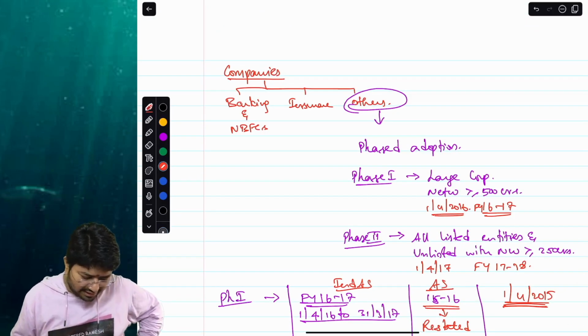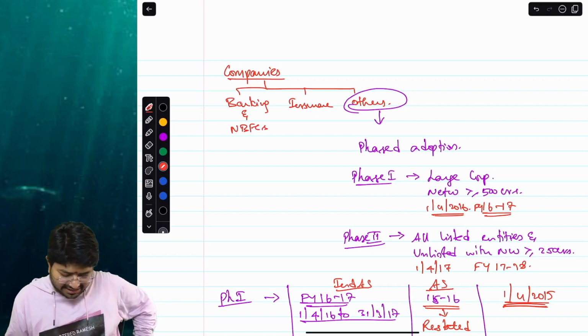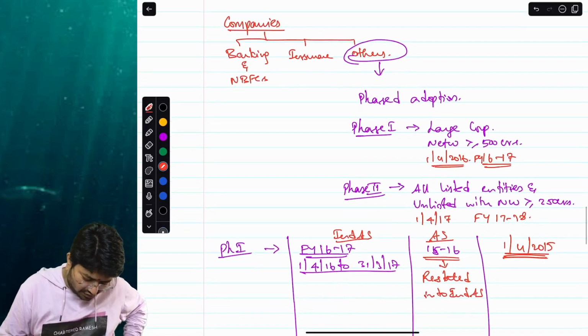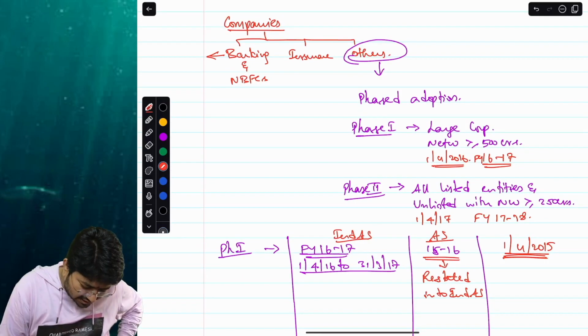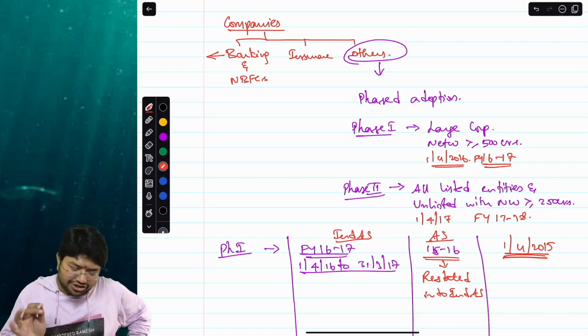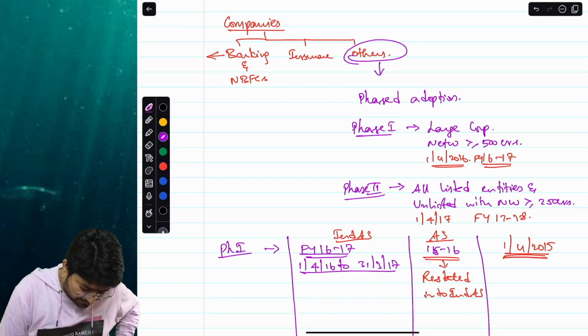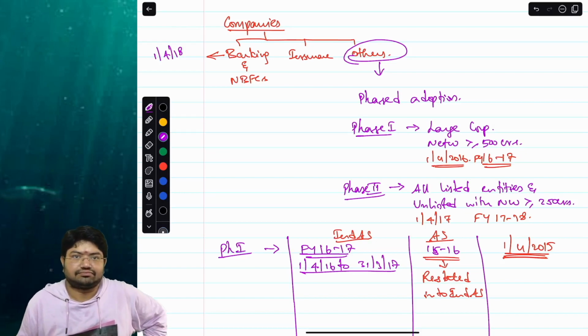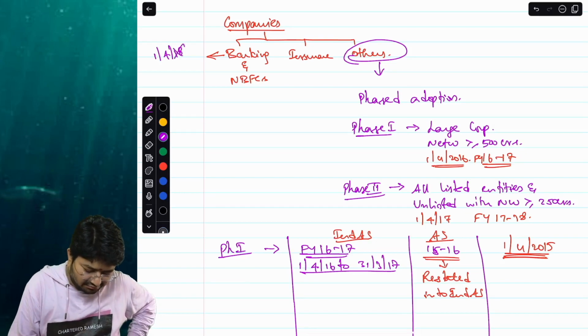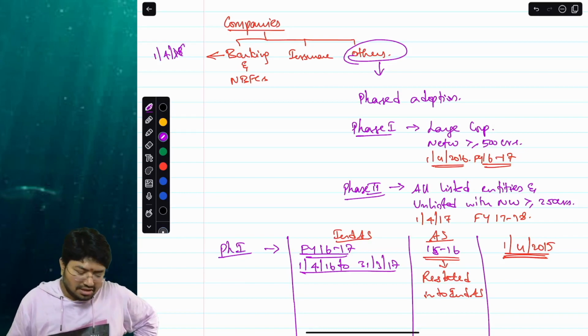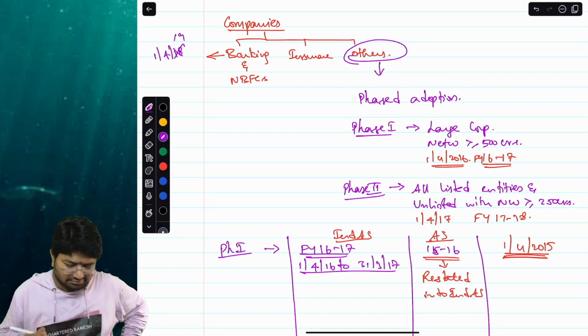Okay, now let us come to banking companies first. For banking companies, initially they said Ind AS would be applicable from 1/4/2018. Banks did not get ready. They said 19.